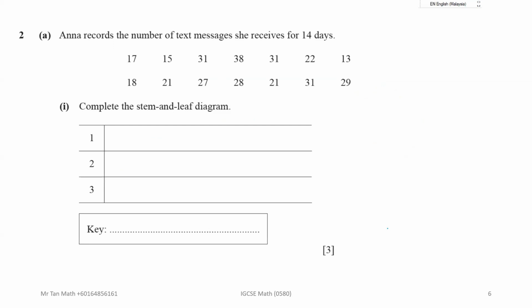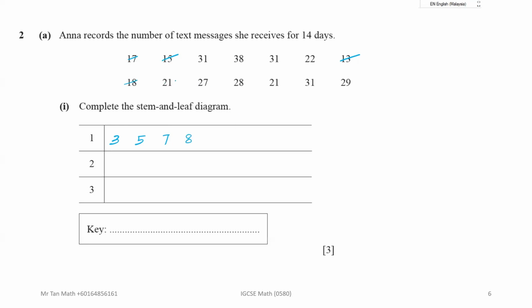Question 2. Anna records the number of text messages she received for 14 days. Complete the stem and leaf diagram. So for 1, we have 17, 15, you arrange smaller first. So it's 13, put a 3, and then 15, put a 5, and then 17, put a 7, and then 18, put 8.